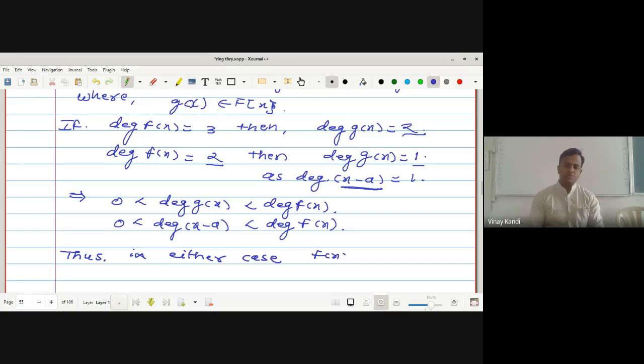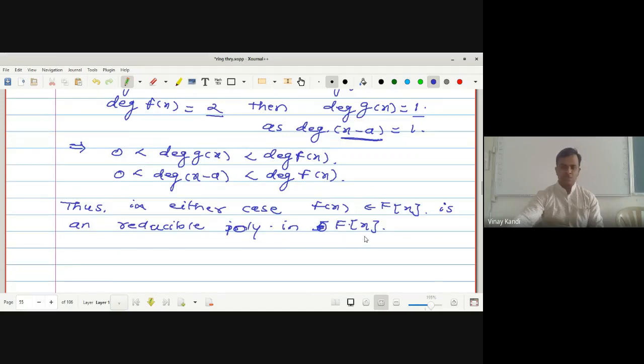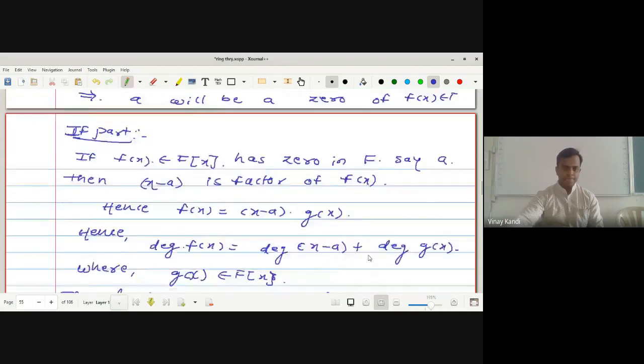f(x) belonging to F[x] is a reducible polynomial in F[x], or over F only. In F[x] and over F, both the meaning is same.